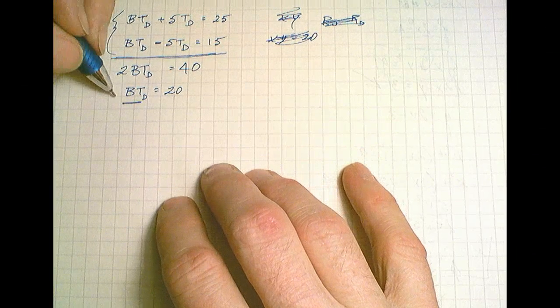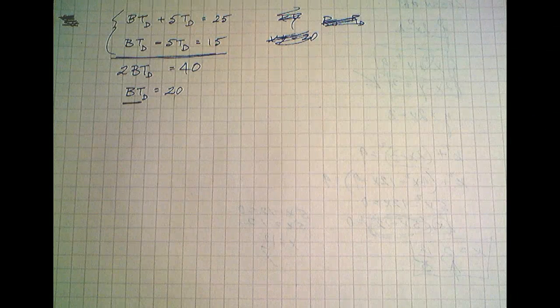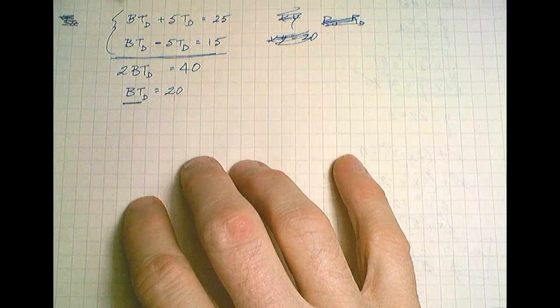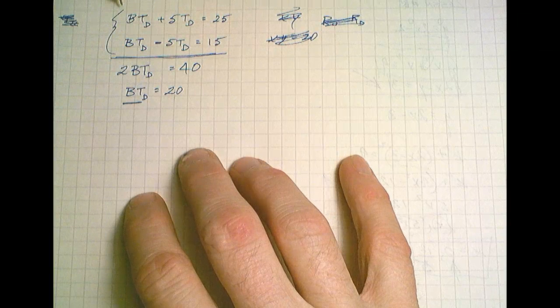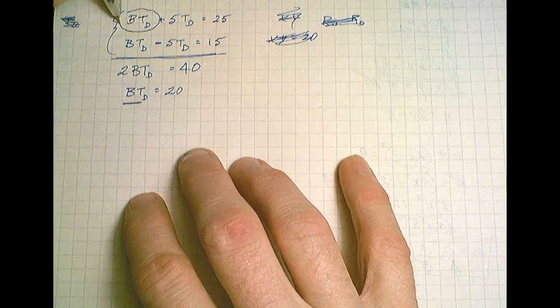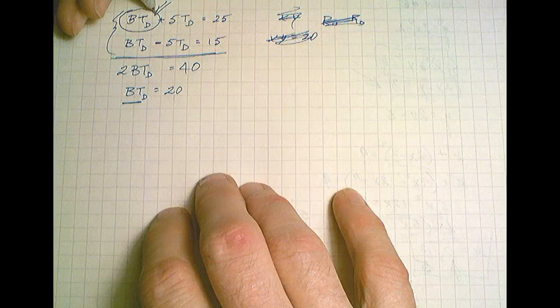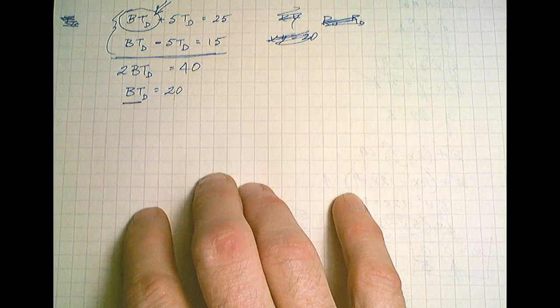So I'm trying to find out what my B is and what my T is. So one of the things that I do know is that my B times T is 20. So actually, if I went back up here and replaced that whole kit and caboodle there with 20, I could then find out what TD is. So that would be a good thing.